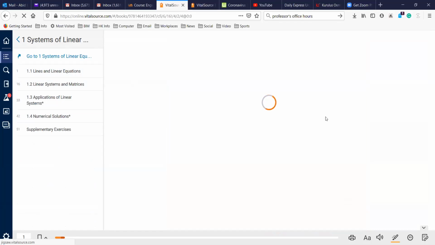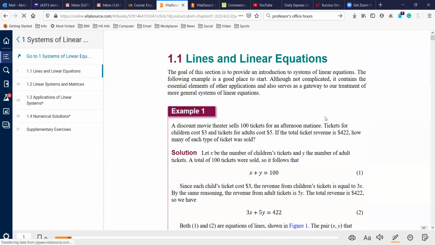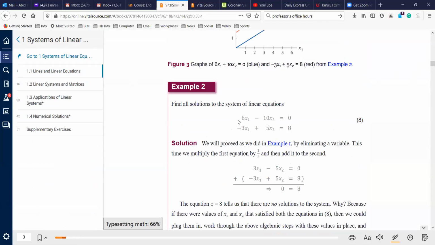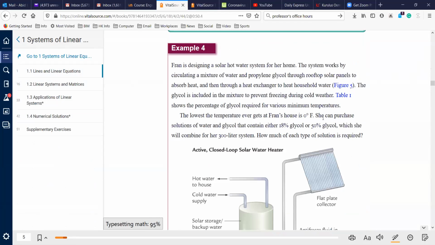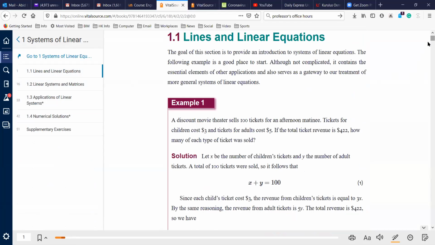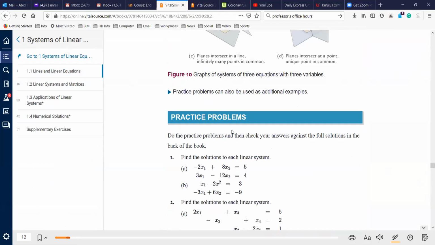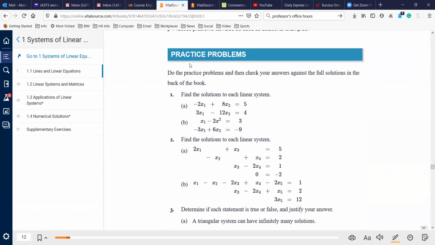At the end of each section, not only are there many examples, but there are also some practice problems given.